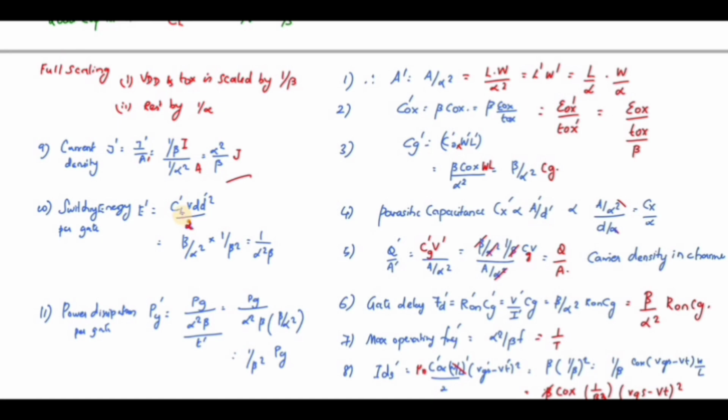How to write CL? CL is nothing but beta by alpha square CL, and VDD square I can write as 1 divided by beta square into VDD. So here beta and beta get cancelled out, so it is nothing but CL VDD square by 2.